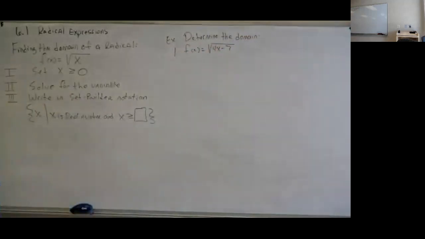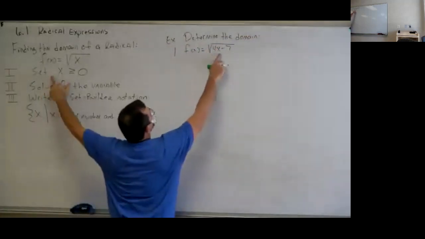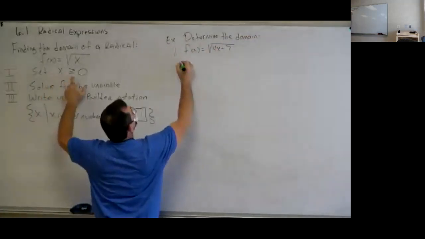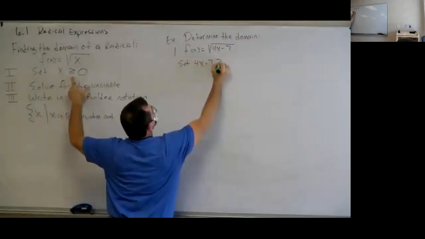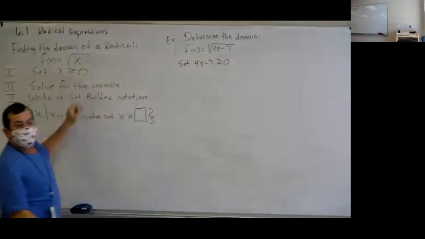So my domain has to include all the numbers that I can put into that x and keep that positive or at least a 0, okay? So the first thing it says is take what's under the radical, set it greater than or equal to 0. So I'm going to set 4x minus 7 greater than or equal to my 0.